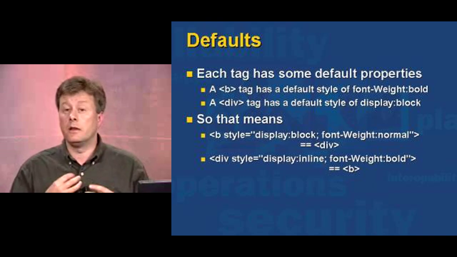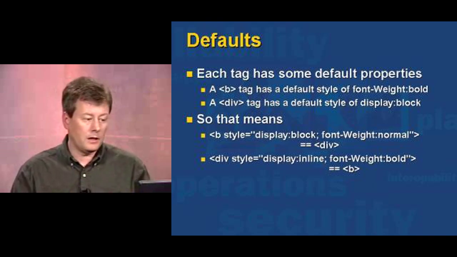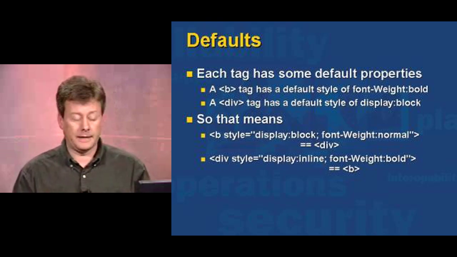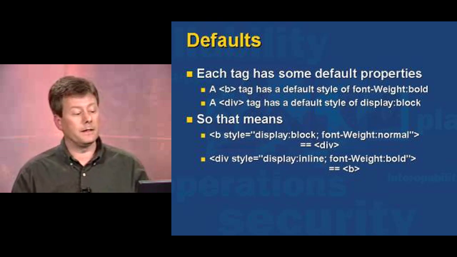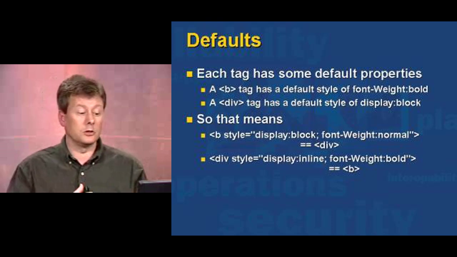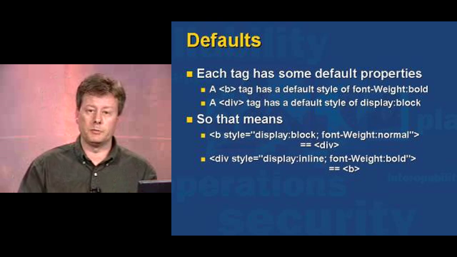Similarly, the div tag happens to have a default style of display block. What this means is, as an HTML author, I can make a bold tag look exactly like a div tag by specifying that the bold tag has a style of display block and font weight normal. Then it'll look just like a div tag. And vice versa, I can make my div tags look exactly like a bold tag.